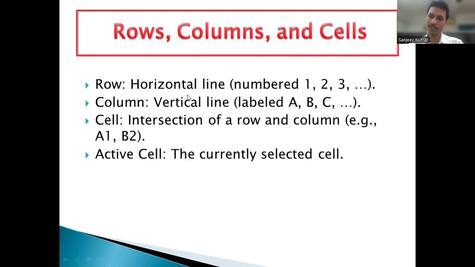A row is horizontal and numbered 1, 2, 3, and a column is a vertical line, that means A, B, C. A cell is the intersection of a row and a column, for example A1, or B2. The active cell is the particular cell you have selected, where you are performing some operation or calculation.